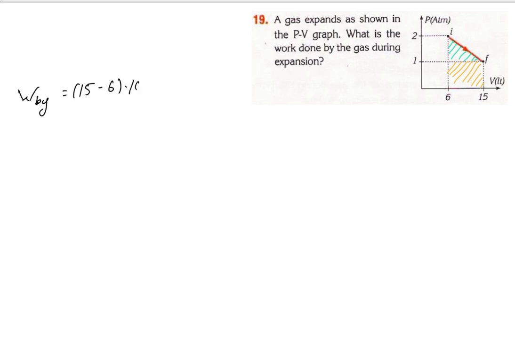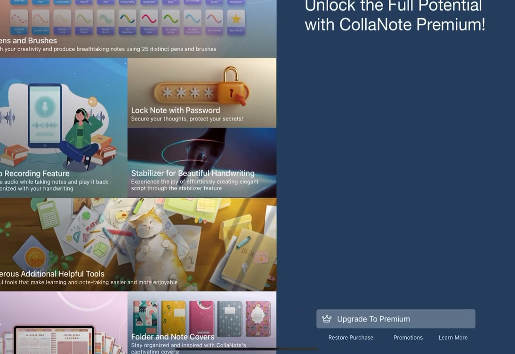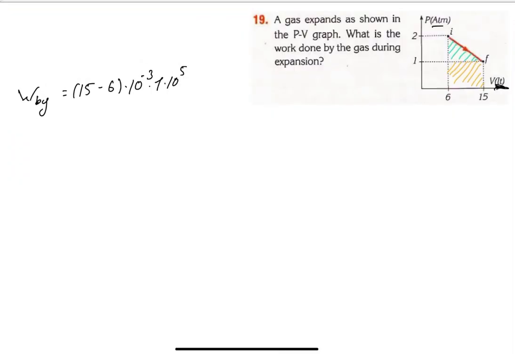I multiply it by 10 to the power of negative 3 to convert liters into meters cubed. And then I multiply the next side, which is just 1, but I multiply it by 10 to the power of 5 because the pressure is given in atms.